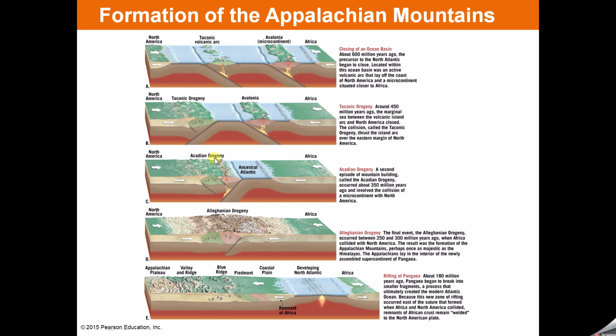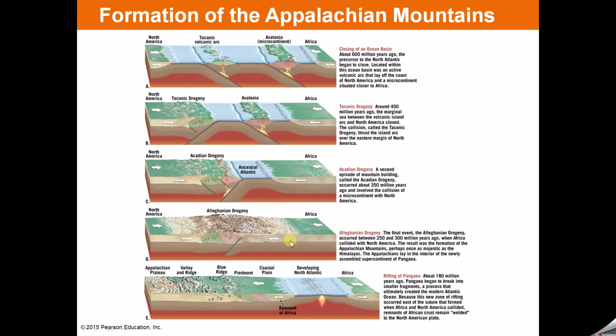Acadian orogeny. And then another subduction zone grows here, and the whole African continent collided with North America and formed the Alleghanian orogeny. And that was like 250 to 300 million years ago.